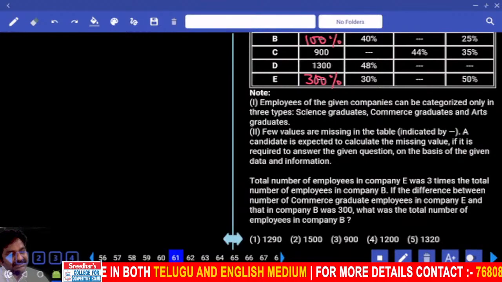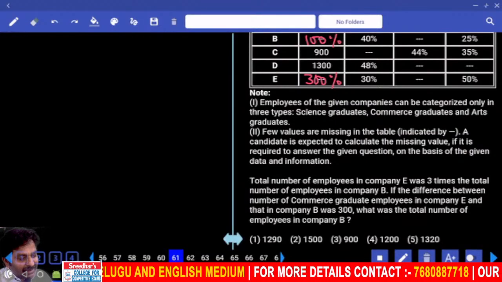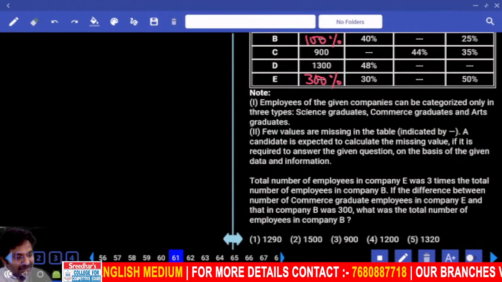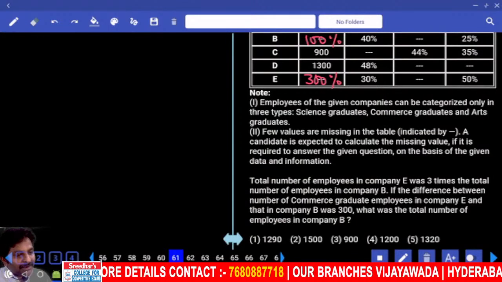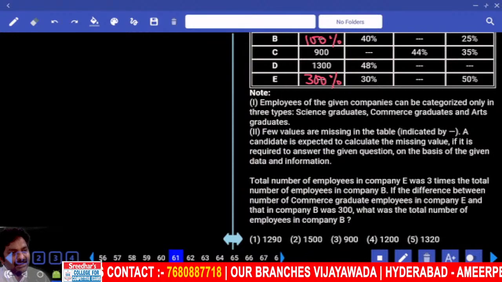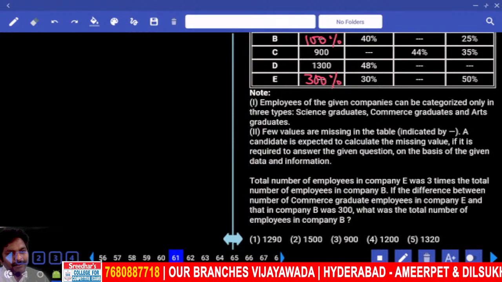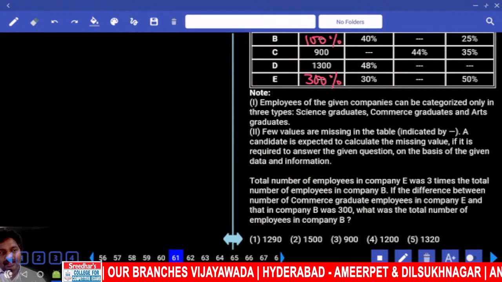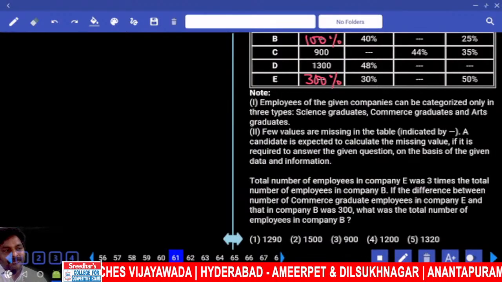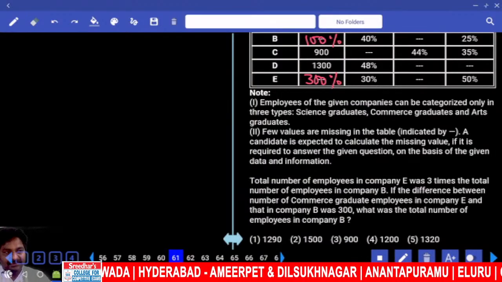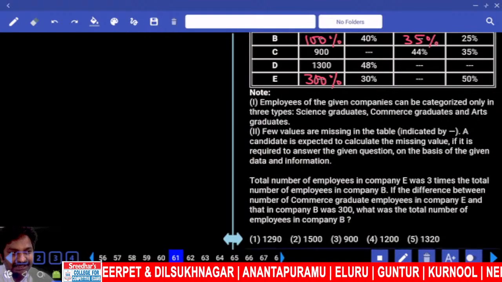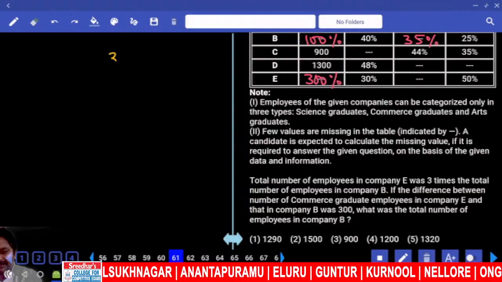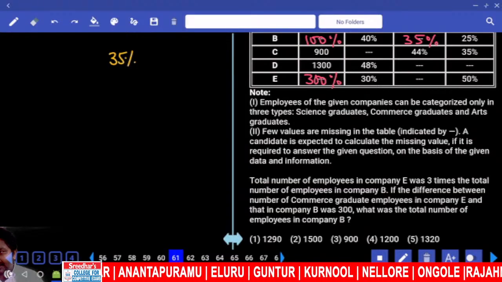Difference between commerce graduate employees in company E and that of B was 300. What was the total number of employees in company B? Commerce graduate, middle one, right? If you look at B, out of 100%, 40, 25, 65 is there. Remaining 35% calculated on 100%, that will be 35% only.